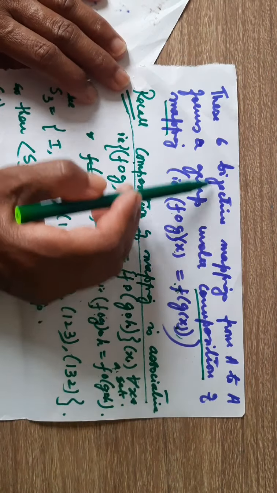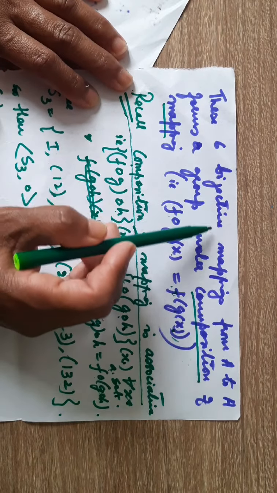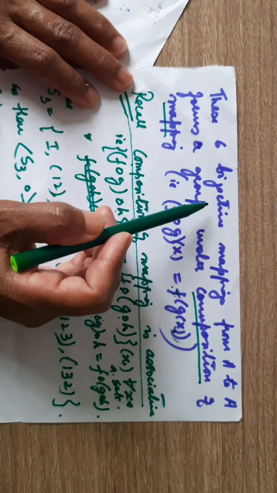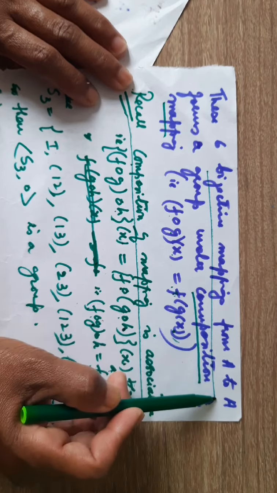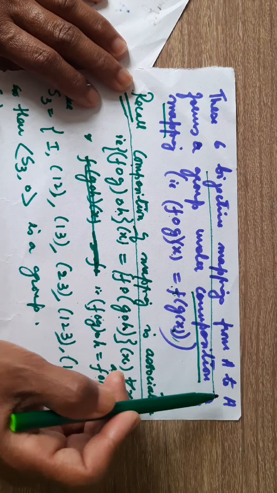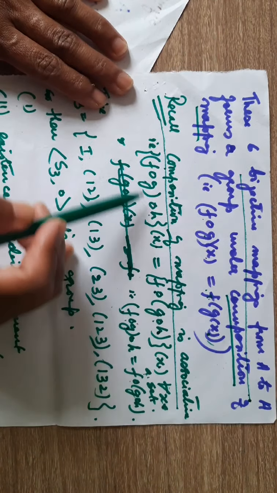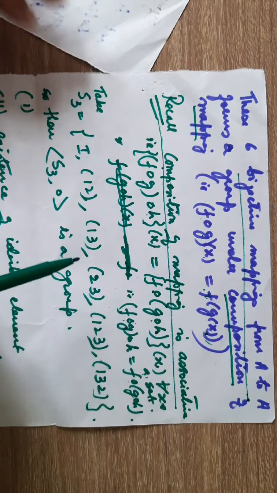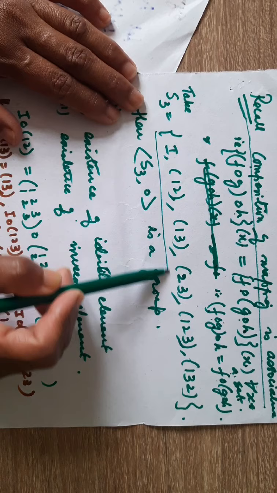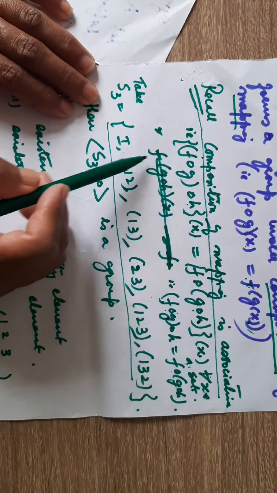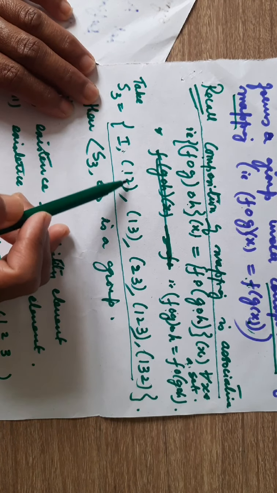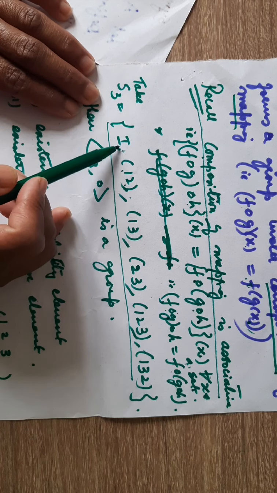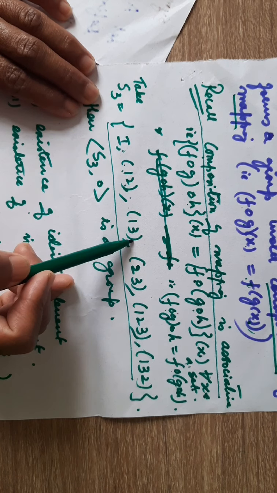Now, in this case, since all these 6 elements of S3 are mappings, they will always satisfy the associative property. That is, if you take any 3 mappings from this set S3, then you will see that, for example, (I composite (1,2)) composite (1,3) will be the same as I composite ((1,2) composite (1,3)).